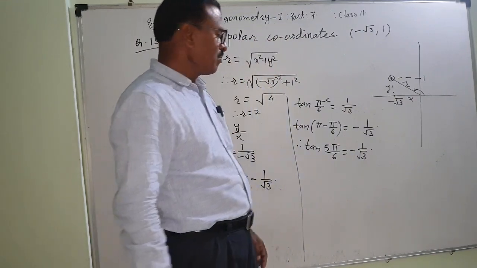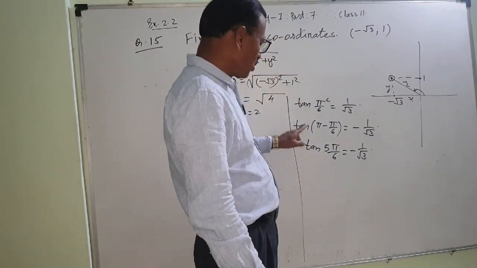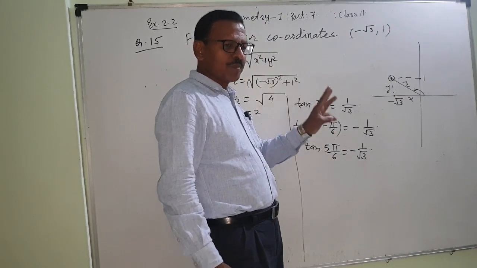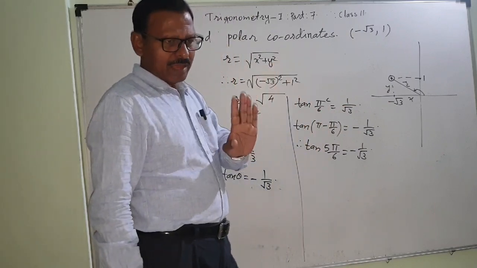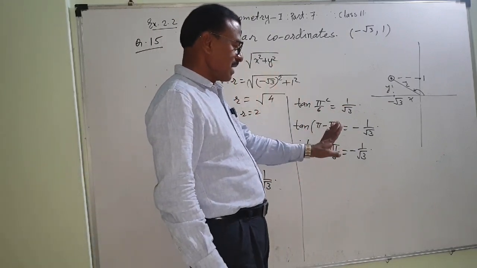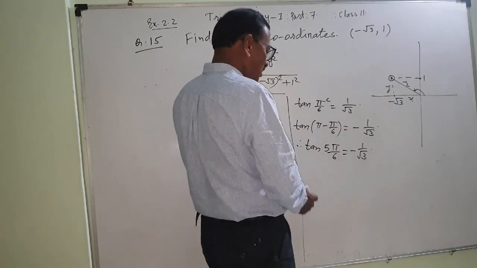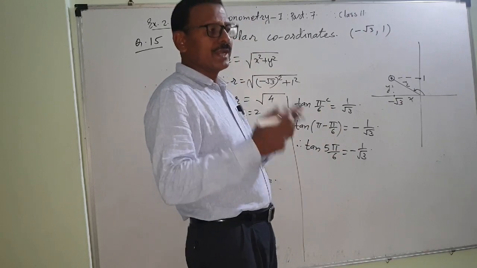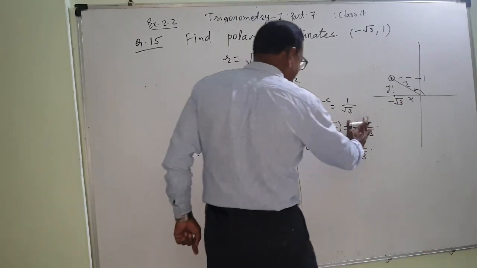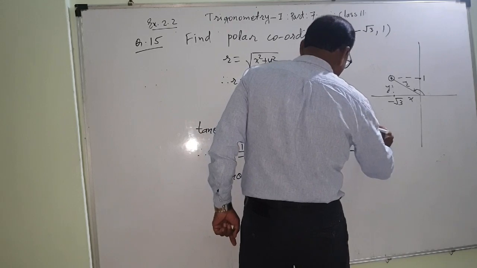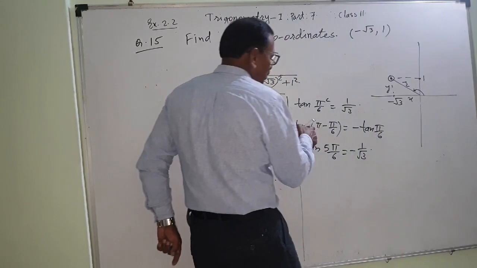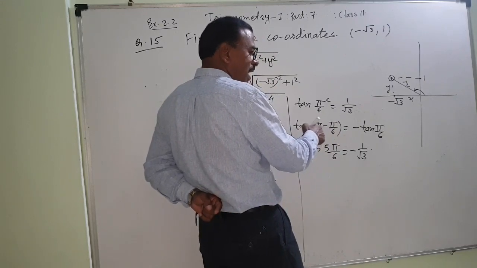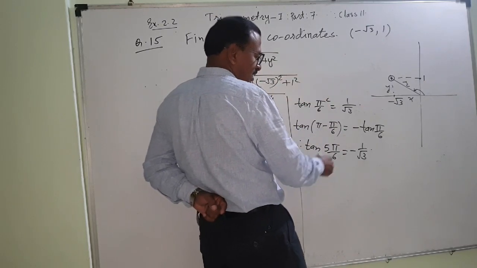I have told you, you may be remembering, in one video I had told that if you subtract anything from pi, 2 pi, 3 pi, multiples of pi, then the ratio remains the same. Only what happens? The ratio may be positive or negative depending upon the quadrant. Here I can write that it is equal to minus tan of pi by 6, because with subtraction or addition of n pi the ratio remains the same.